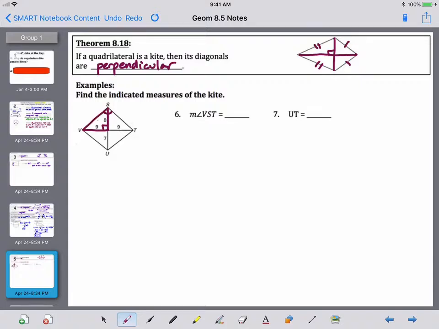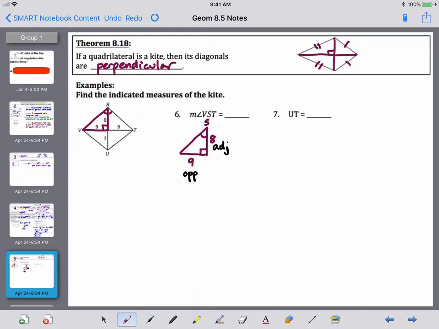If we focus on that right triangle, we know that this length is 8 and this length is 9. And I'm trying to figure out this angle here, which was at S. So if you look at this, 9 is opposite angle S, and this 8 is adjacent to angle S.